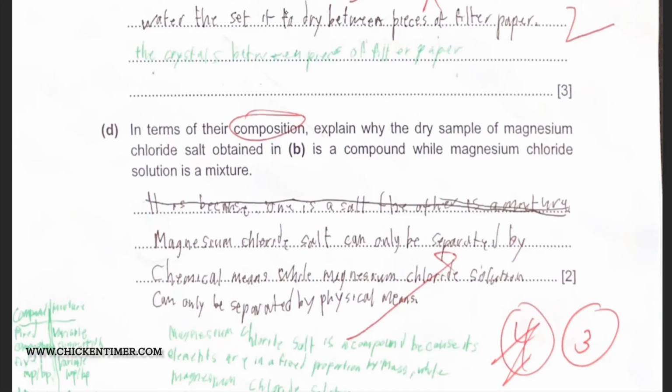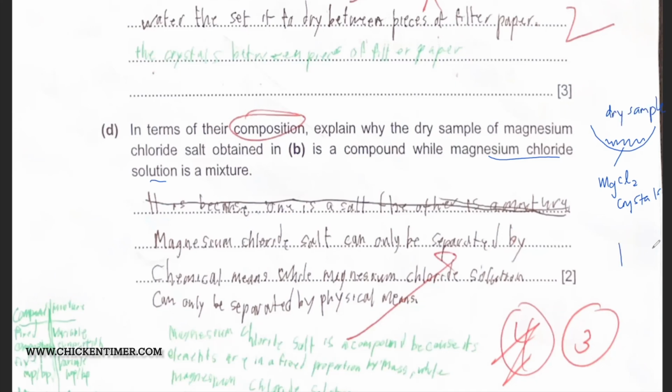You went through the whole process: you filter, then you have a solution. Then you evaporate the solution until it becomes saturated, and then you get the salt. So the final salt you get is actually just magnesium chloride crystals. That is the dry sample.